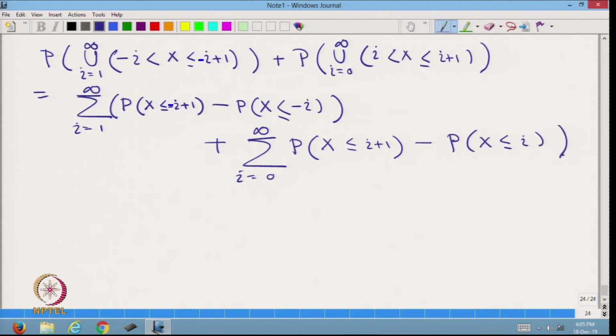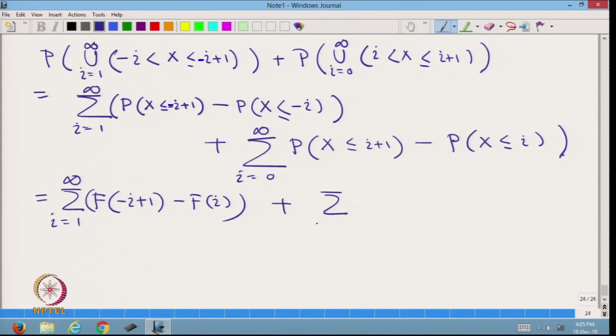Therefore, if we notice, this is going to be sigma i is equal to 1 to infinity F of minus i plus 1 minus F of minus i, plus sigma i is equal to 0 to infinity F of i plus 1 minus F of i.